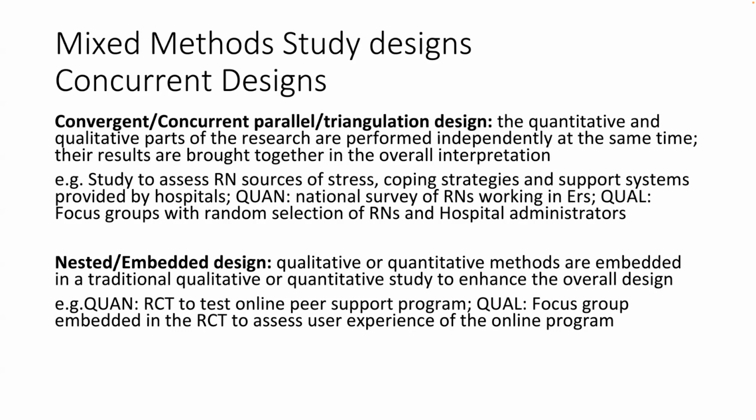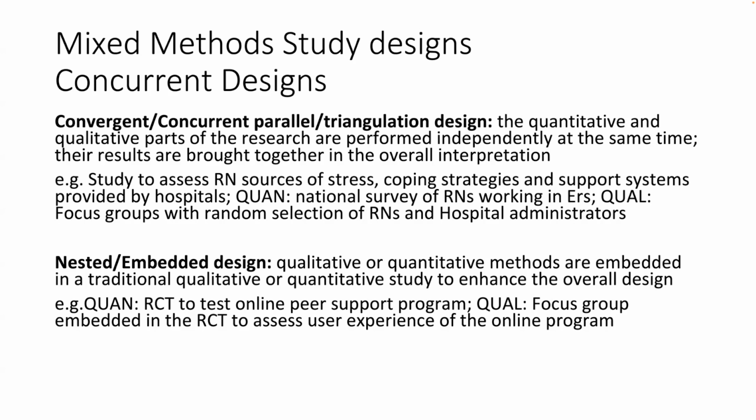So again, using the RN example and the sources of stress, you're looking at coping strategies and support systems provided by the hospital as a qualitative, and then the quantitative is looking at the national survey of RNs working in the ERs.